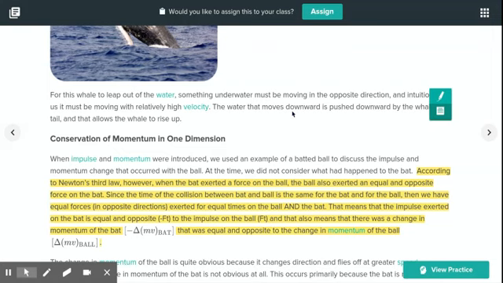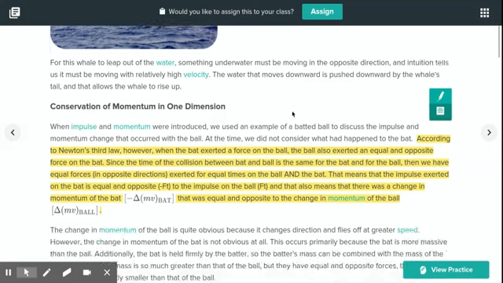So if we have opposite forces exerted on both, then we're going to have a change in momentum, which is also equal but in opposite direction on both. That's why when the ball's coming towards you and you hit it, the ball is going away from you. And when you use the bat to hit, the bat is swinging forward, but you can feel the kickback, right? So that is the change in momentum. That's impulse.